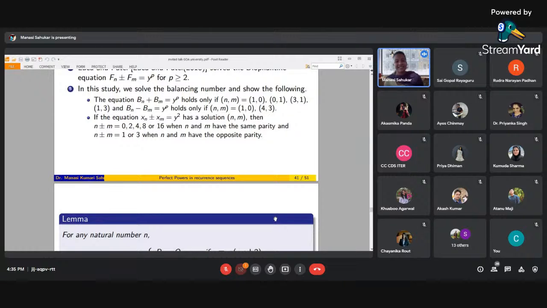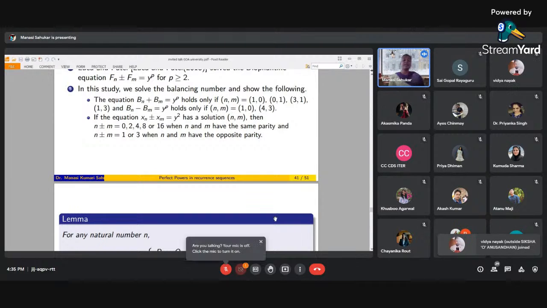Same for the balancing-like sequence, we have also tried. Here we are not getting an exact solution: if Xn plus or minus Xm is equal to y square, the only possibility is that n plus m or n minus m is equal to certain numbers, and generally we can find the exact solution for this. If n and m have different parity, meaning one is even and one is odd, that is called opposite parity, then n plus m or n minus m is 1 or 3.